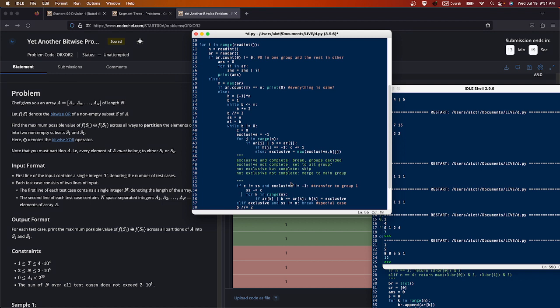Okay, if it's completed, so the entire thing's completed, so if you put that all in the group, there's nothing else in the other group.